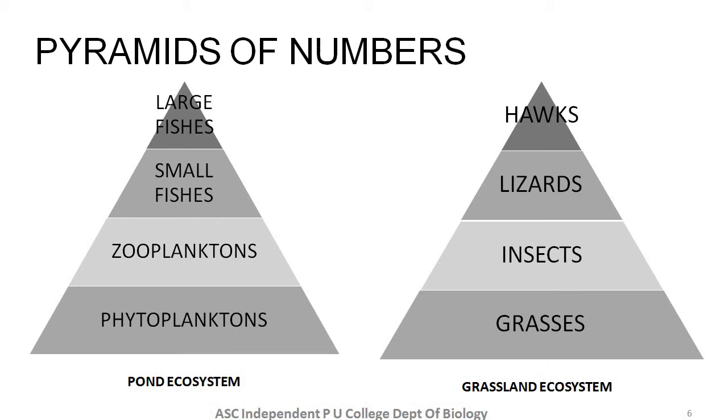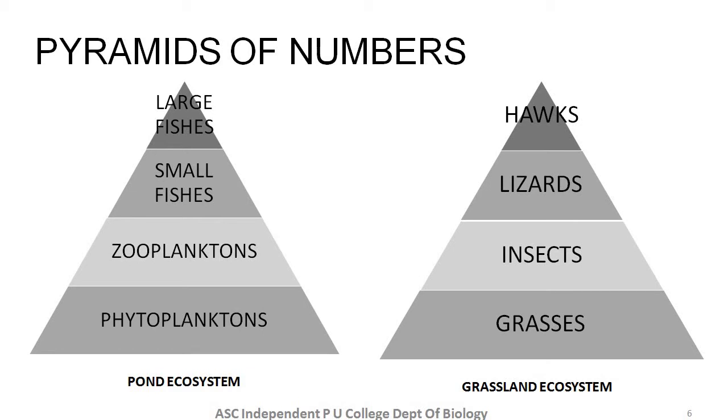So these ecological pyramids are drawn based on the number of organisms that we see in different trophic levels. These pyramids are mostly upright. The reason is the number of producers is maximum and the number of herbivores and carnivores decrease towards the apex, or say at successive trophic levels.